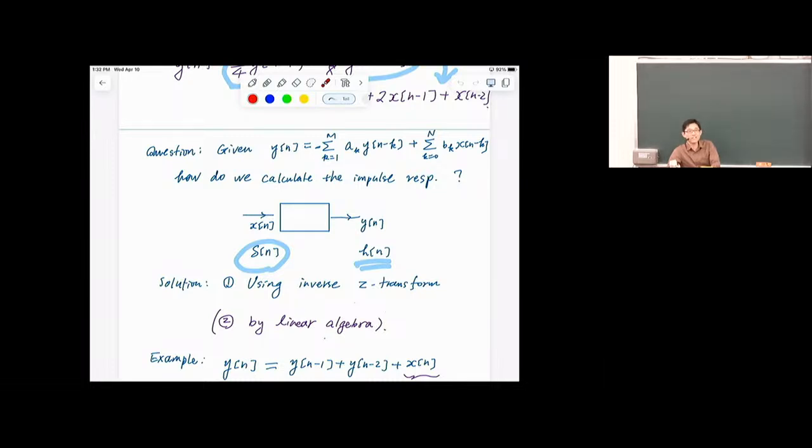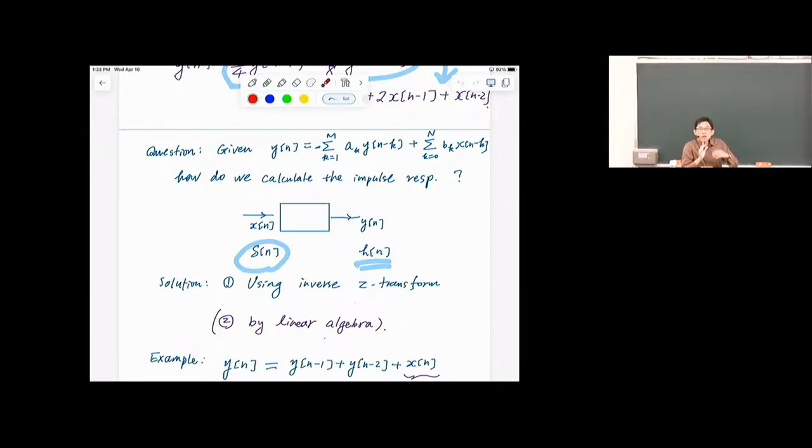Of course, I mentioned that if we compute the impulse response by computer, certainly you can do that. Just keep the while loop running. You'll get one sample after another sample. So in computer, you can simply do it by simulation. But by hand, can we calculate?